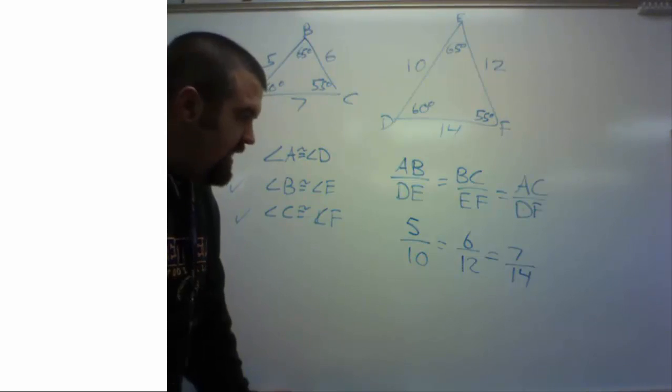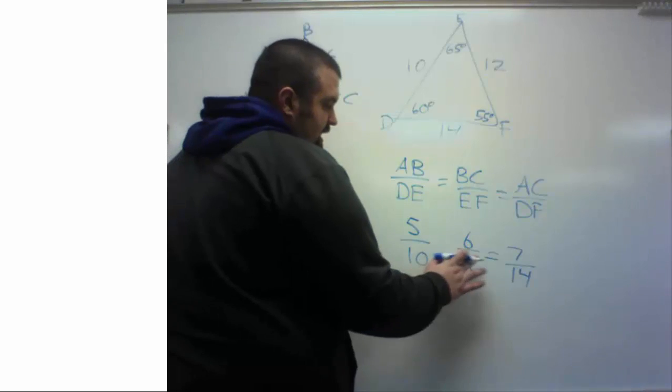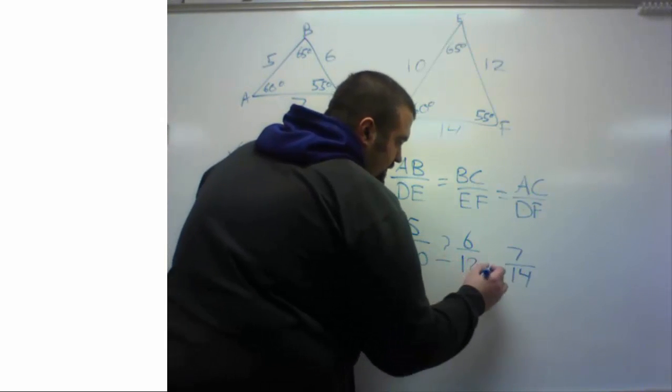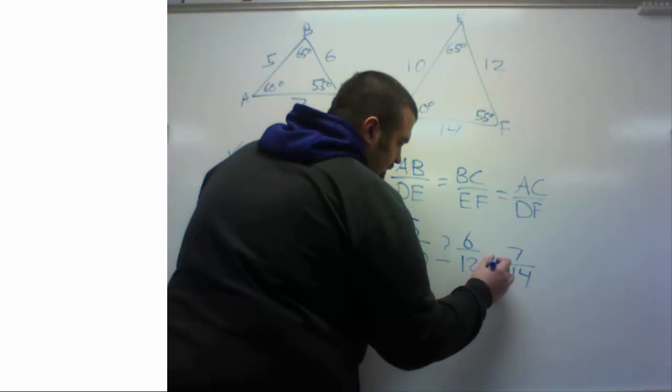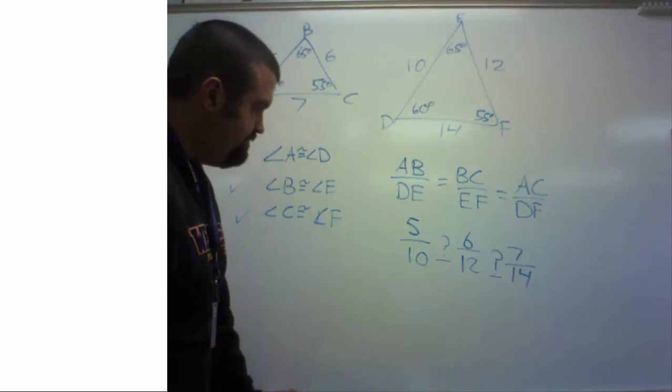Simplify each ratio independently. So right now, I'm going to ignore this equal sign, and I'm going to put a question mark here, because I'm not sure if they equal each other yet. I'm going to find out though.